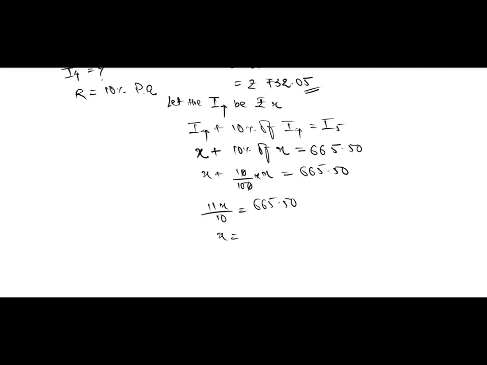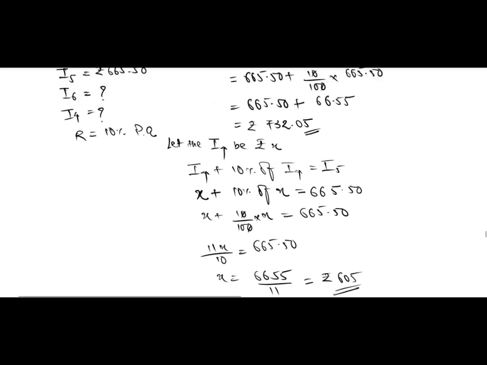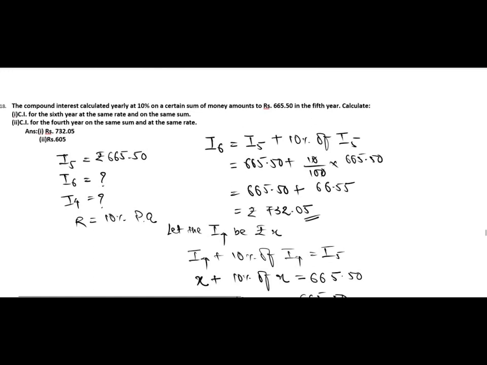So x is equal to 6655 divided by 11, which is 605. Yes, rupees 605. So this is the compound interest for 4th year, rupees 605. Very easy, right? No need to take principal as x or anything. If you know the relationship between the compound interest for consecutive years, these questions are very easy to solve.